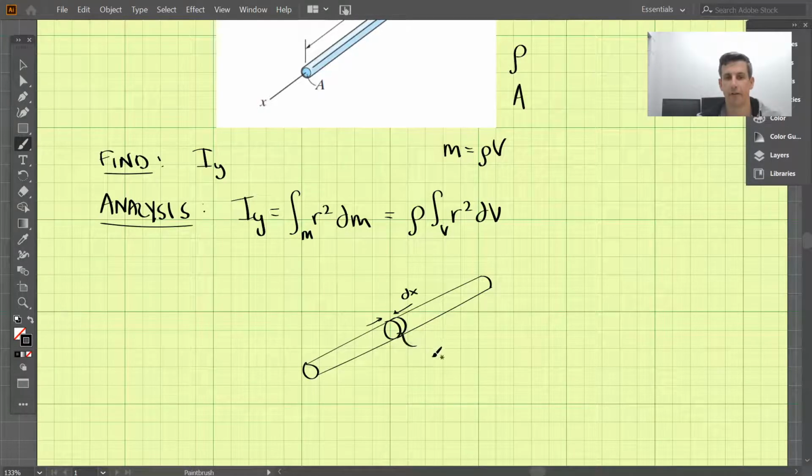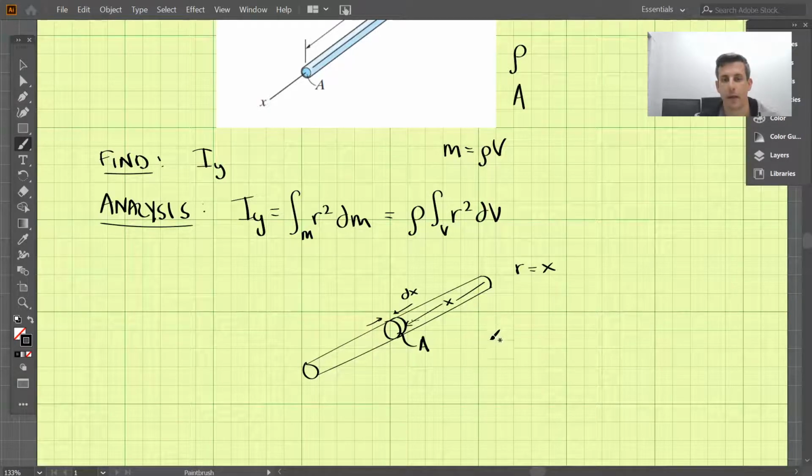The area here is A, and the distance that it is acting along is actually x. So in our case, r is equal to x in this equation, and the small differential element is the area times dx.